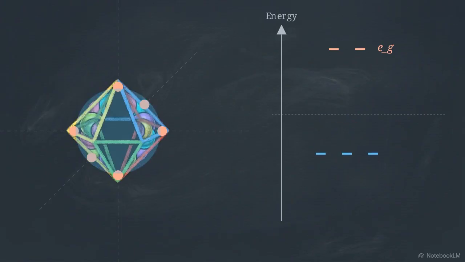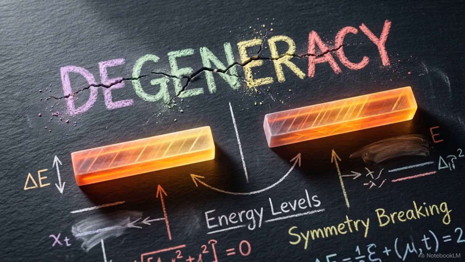The other 3 orbitals, the T2G set, have lobes that point diagonally between the axes. This allows them to effectively dodge the direct incoming charges, experiencing less repulsion and settling at a lower relative energy. This uneven three-dimensional layout breaks the degeneracy. The collision geometry physically splits the once equal d orbitals into 2 distinct energy tiers.